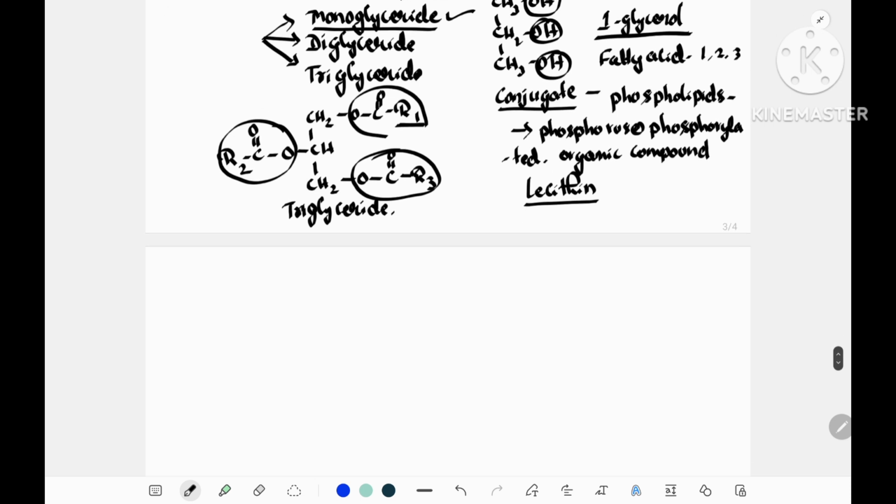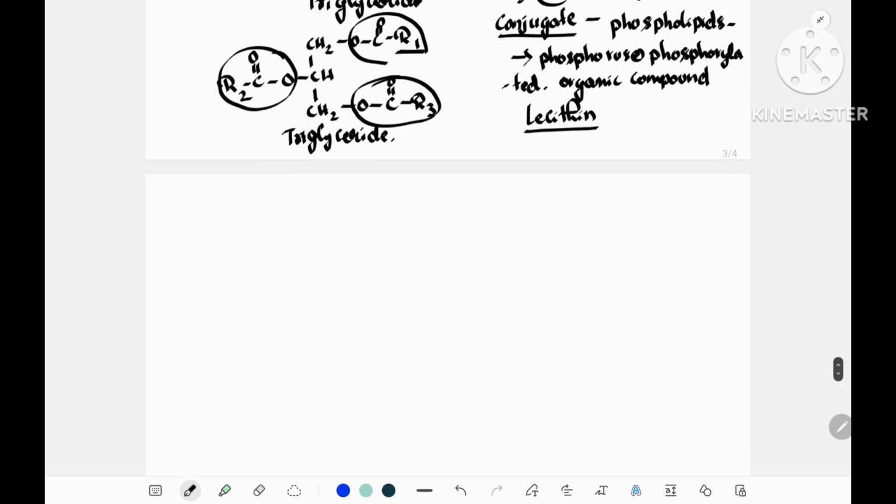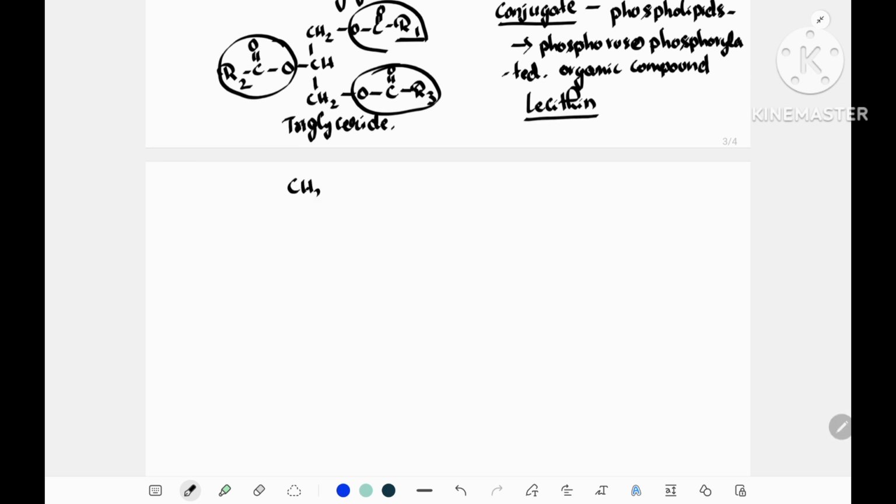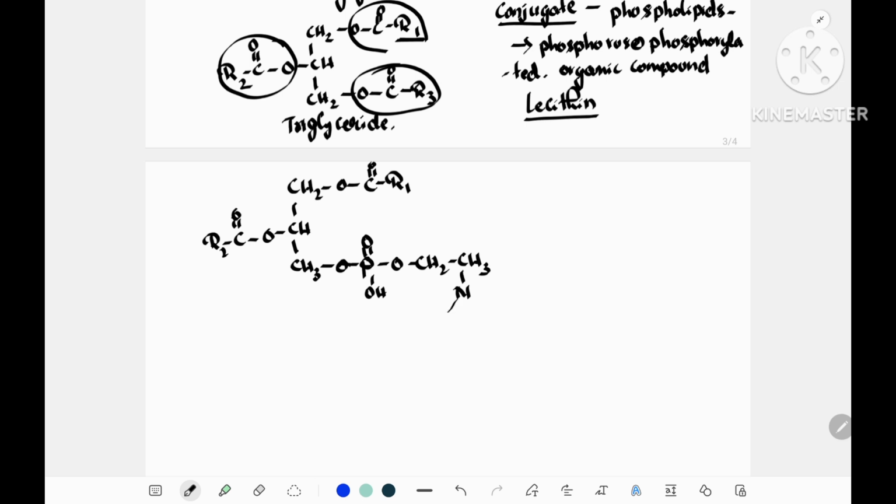One structure of the phospholipid is given in the text, and I'm going to write that: CH2OC R1, and here CHO C double bond R2, CH3O C phosphate double bond OH, O CH2 CH3, and here N CH3 CH3, and here is one more CH3.